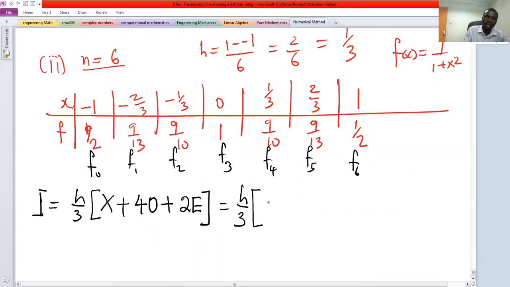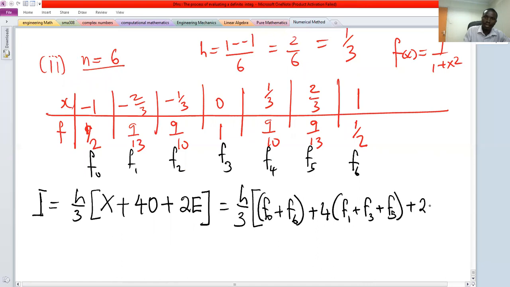So for this case, end ordinates are F0 and F6, and then plus 4 odd ordinates, we have F1 plus F3 plus F5 plus twice even ordinates. So we have F2 plus F4. Please, you do not add F6 because F6 has already been taken care of as being one of the end ordinates. So these are the only values we put here.